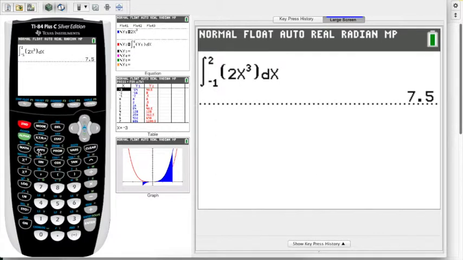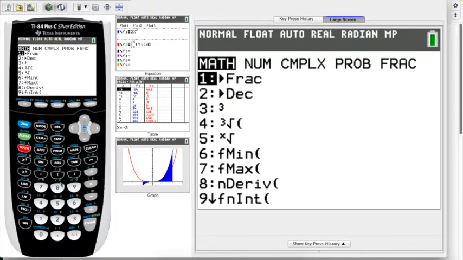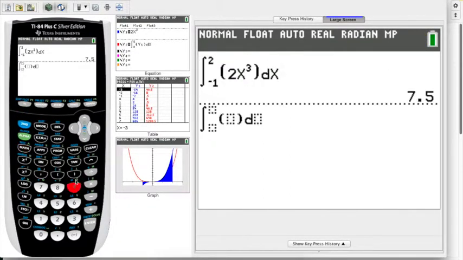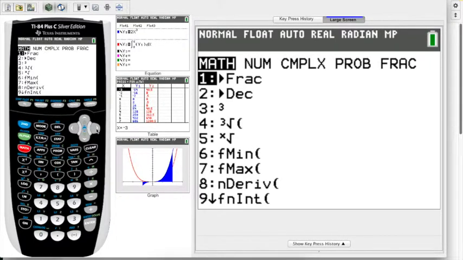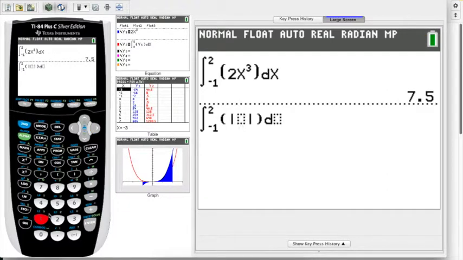We can also do the area though, and this is a nice capability. We can go back into fnInt and go from -1 to 2, and if we want the area between the curve and the x-axis where we want to treat everything as positive, we can go back into math and arrow to the right under number and grab option 1 here, which is the absolute value, and we can just stick in the absolute value.